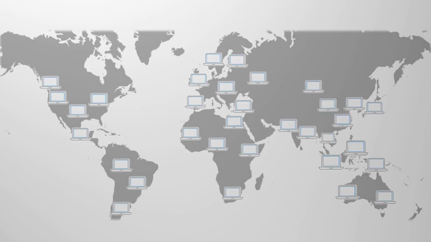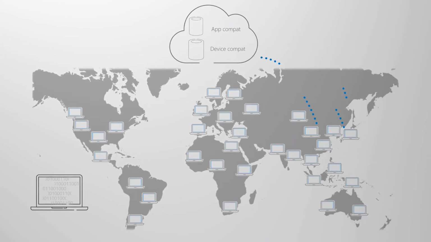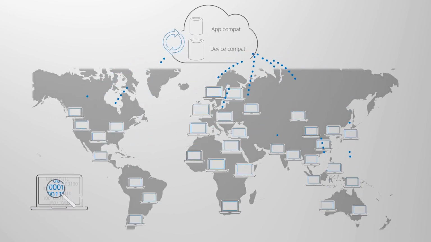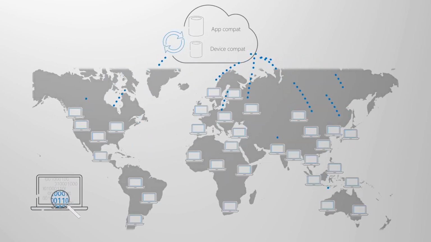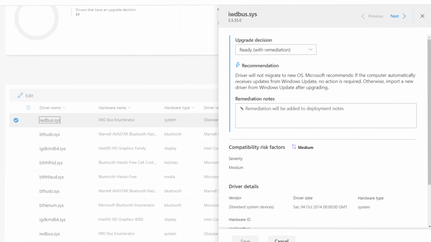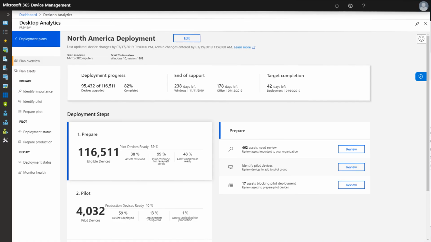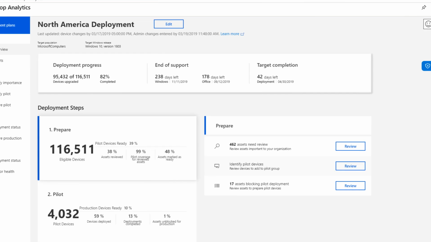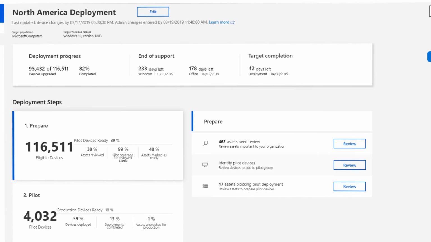Now, it works by tapping into compatibility information for both applications and drivers used as part of Microsoft's upgrade cycles for hundreds of millions of consumer PCs, and returns a detailed assessment of driver and app compatibility issues. Now, these are issues that might block your upgrade, and we give you links to suggested fixes that are known to Microsoft. And one more thing to note, once you've made the shift to Windows 10 and Office 365 Pro Plus, the tool helps you keep track of your deployment of semi-annual feature updates so you can stay current.